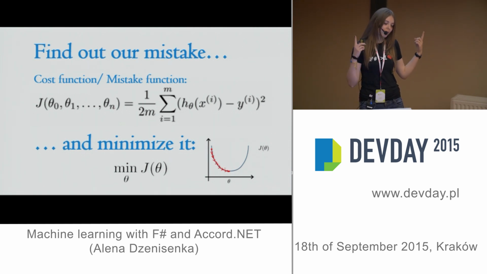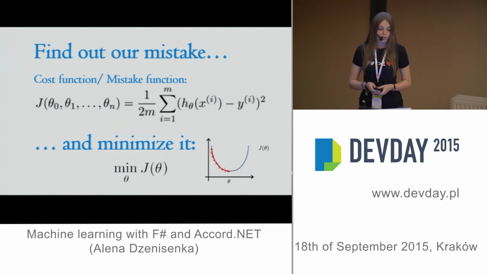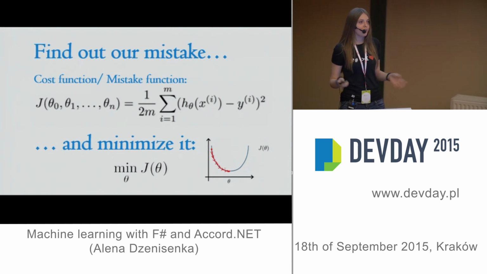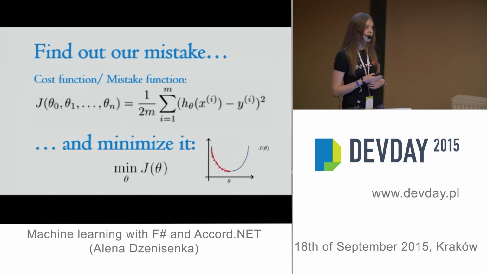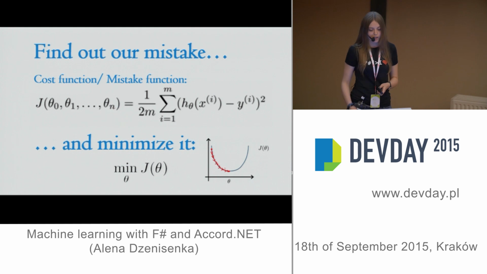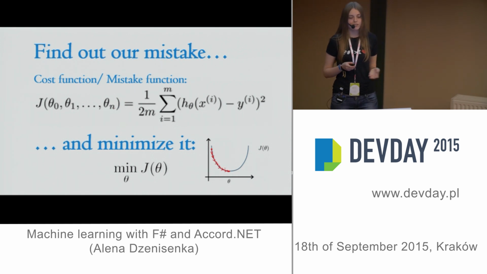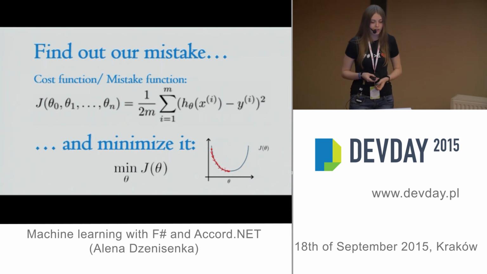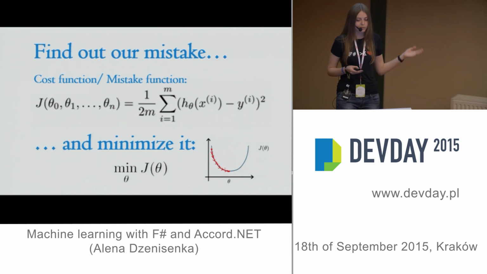And this is what our cost or mistake function is doing. It uses the squared error function to find the difference between the actual output and our guess output to find out the mistake. So it just sums the values. So what this mistake function basically gives us is how wrong our randomly selected theta parameters, or weights, are.